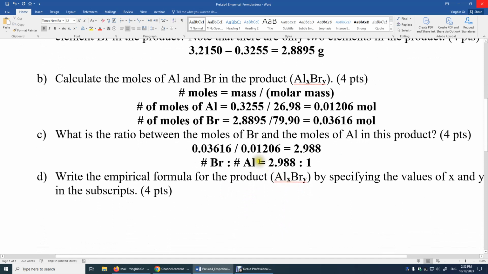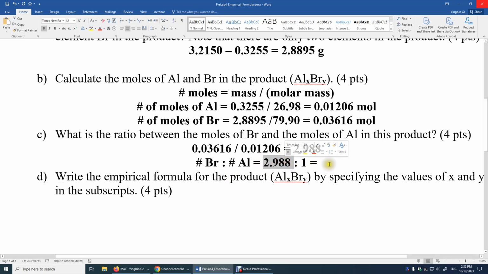And also, we don't have to keep saying moles. We can also say for each aluminum atom there are 2.988 bromine in the compound. However, you probably notice that this is not an integer.